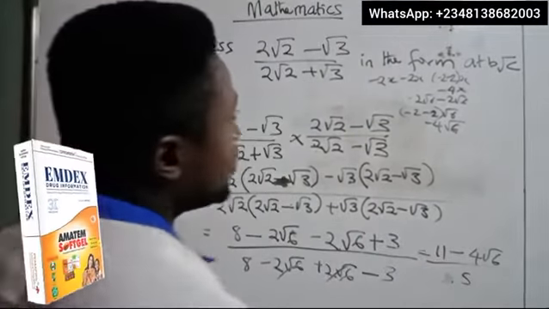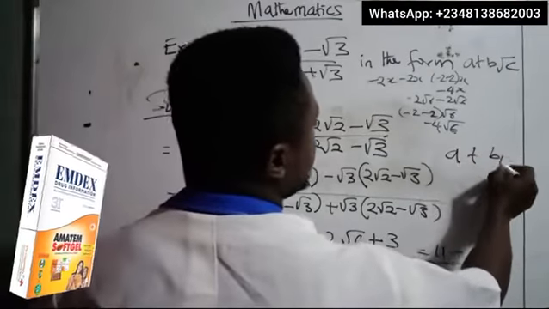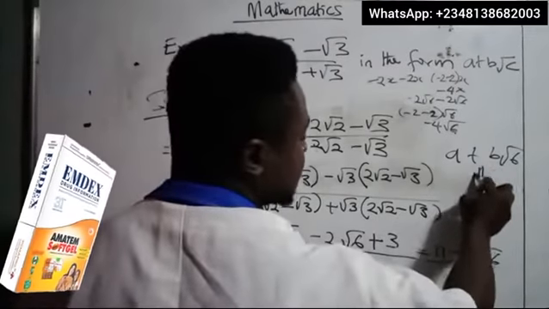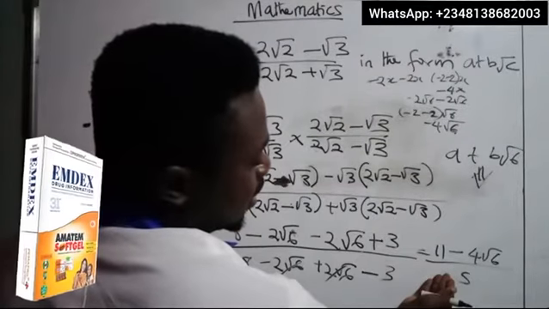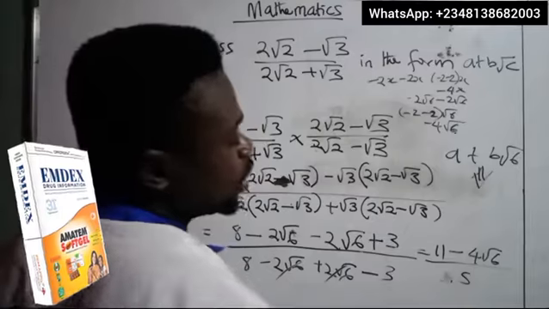Now, remember we are told to express it in this form: A plus B root 6. For us to express it in this form, what do we do?